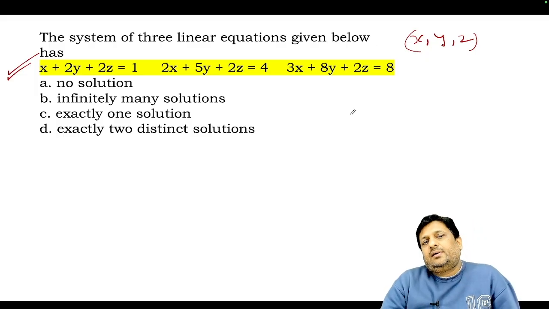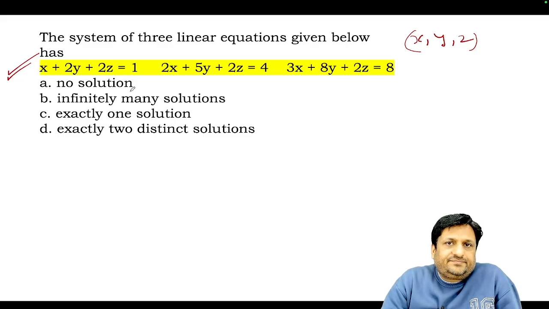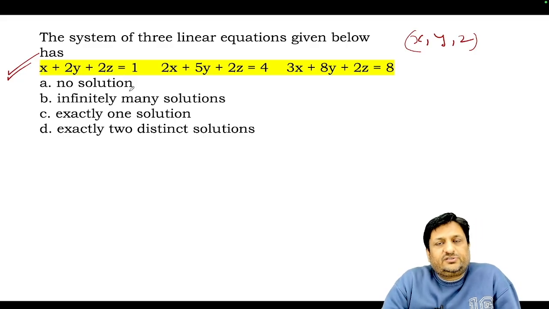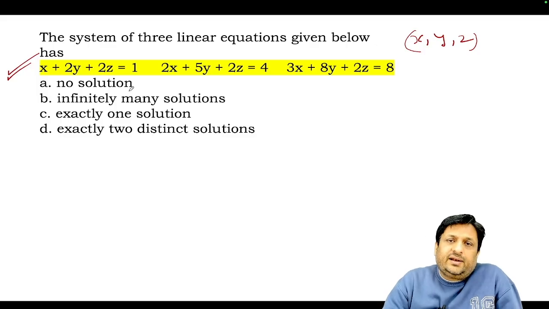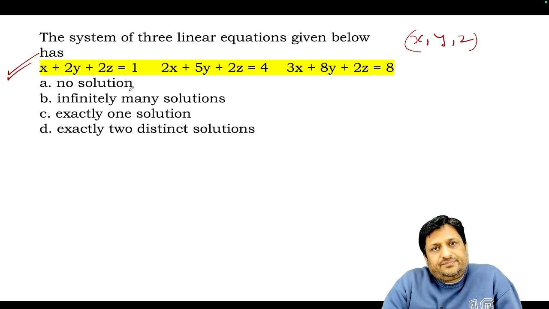Now, what will we do? First, we will eliminate one variable out of it. Any variable you can eliminate, it's your choice. So maybe we can eliminate z or x or y. Then we will be left with two equations and two variables, and then we will apply our original concept, and that will define the nature of the roots.